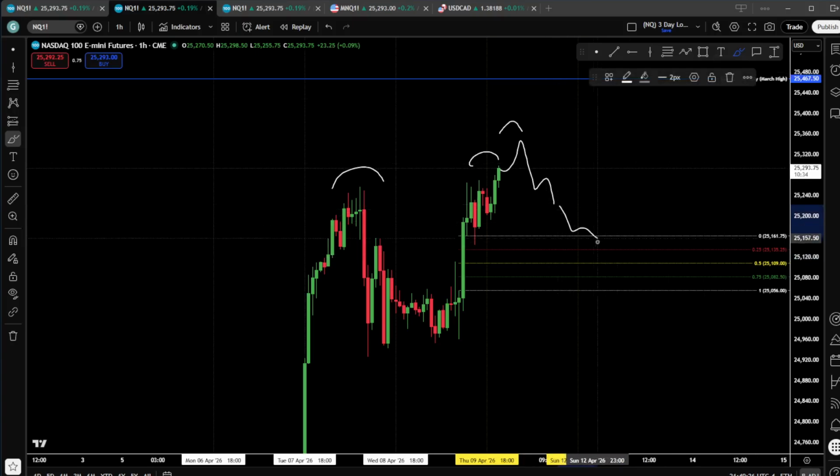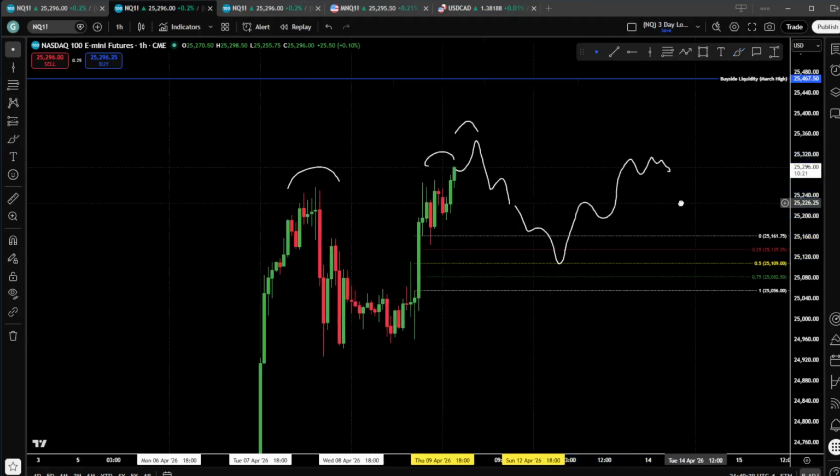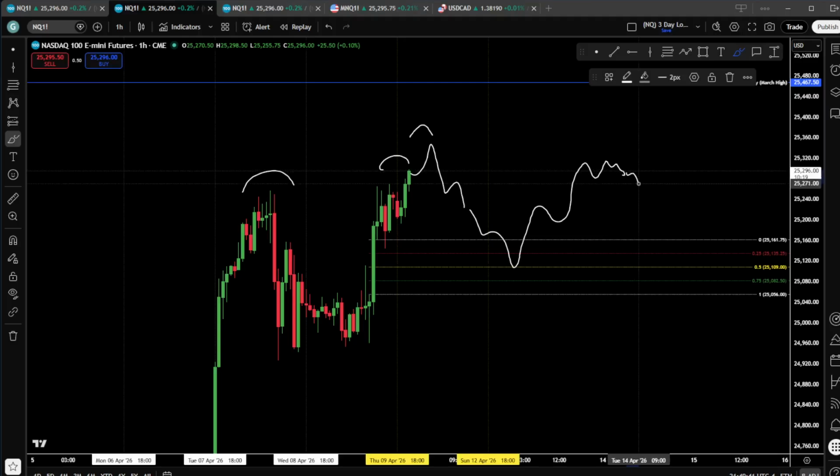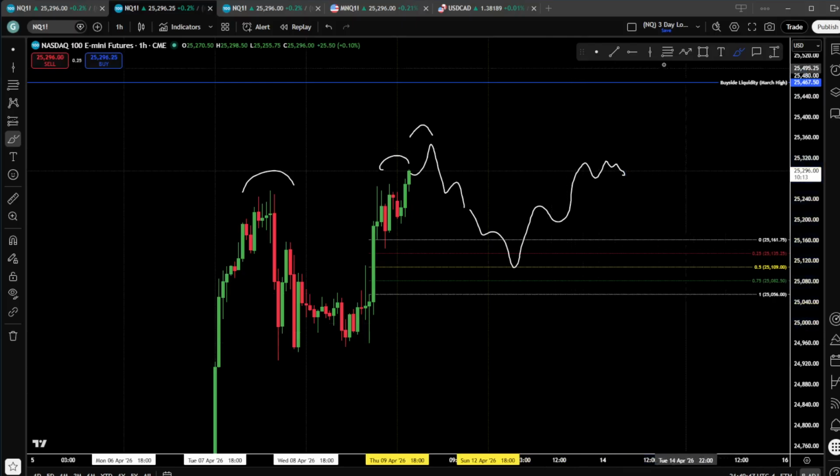Right, is it in London? Well, then it's probable that the market will continue to trade higher, eventually, at least until New York. And then if the market is still bearish at that point, there could be a shakeout related to CPI or the opening range, and then a reversal. That can be a possibility.